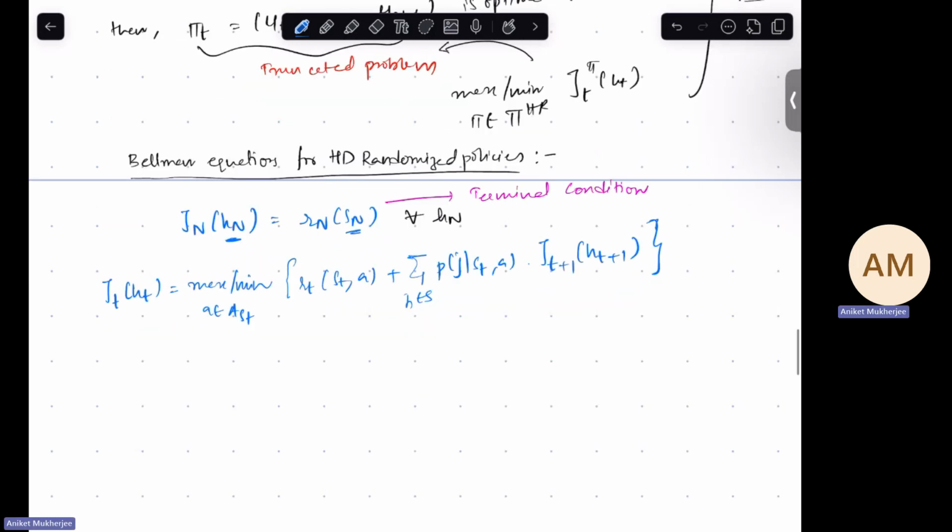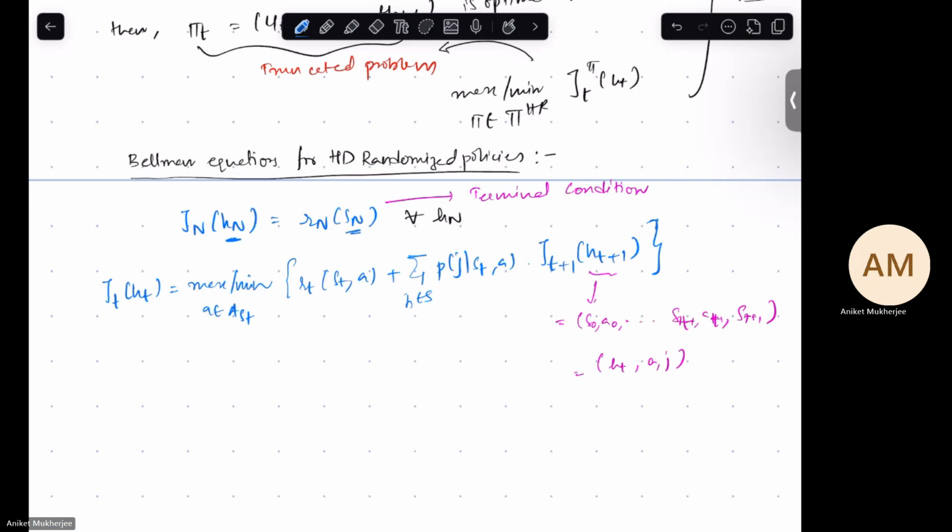But this HT plus 1 here is just a vector of S0, A0, so on, ST minus 1, AT minus 1, ST, AT, and ST plus 1, right? So you can write this as HT, comma A, comma J, where HT is again a vector, right?